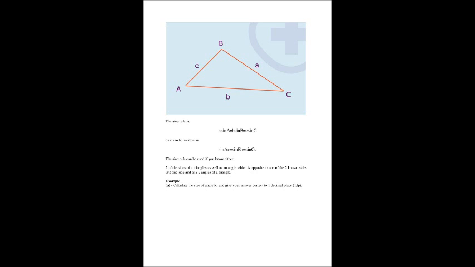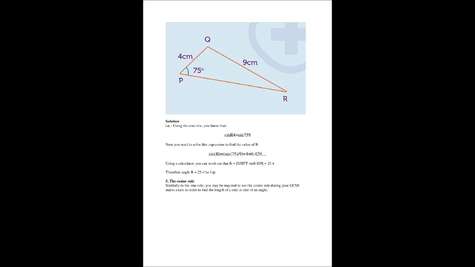Using Pythagoras' theorem, a² plus b² equals c². 9² plus b² equals 15². Now all you have to do is solve this expression to find the value of b. b² equals 225 minus 81 equals 144. b equals √144 equals 12.